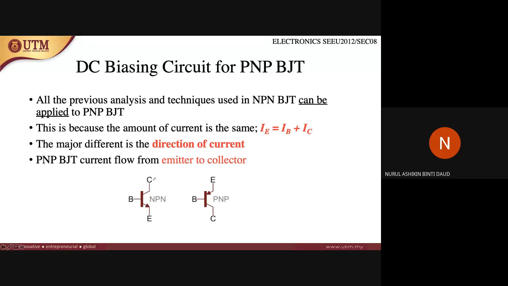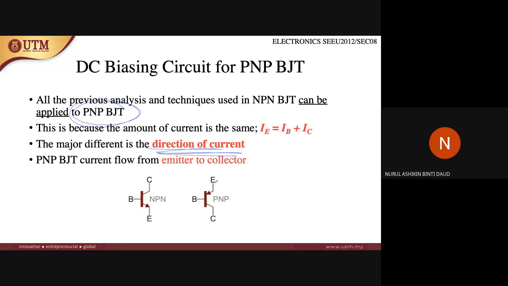How about the PNP type of transistor? The previous analysis and techniques we have discussed are applicable as well to the PNP BJT, but the thing you need to consider is the current's direction. Only the current's direction is different.